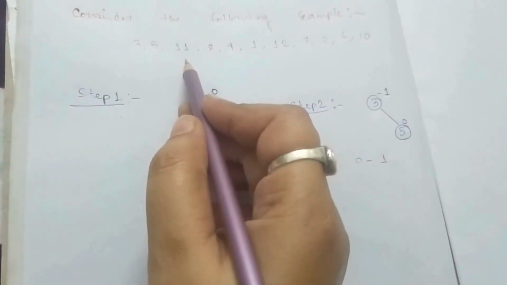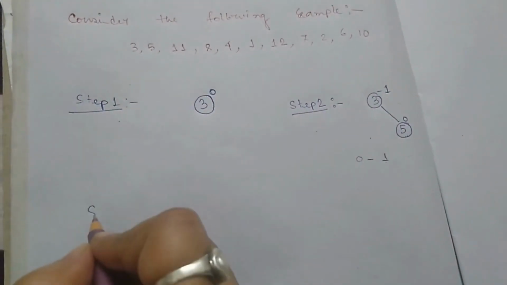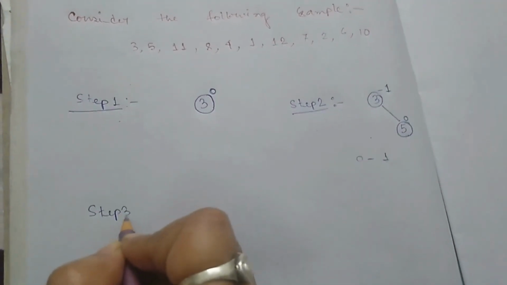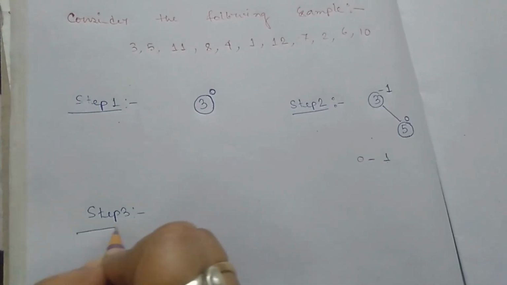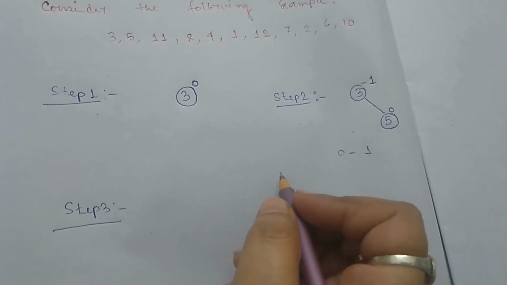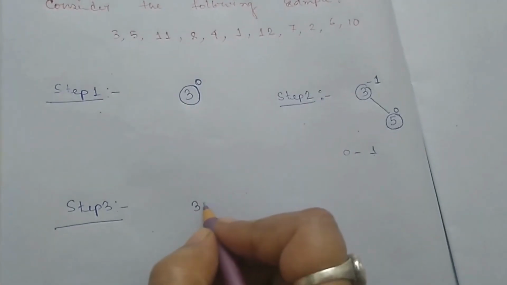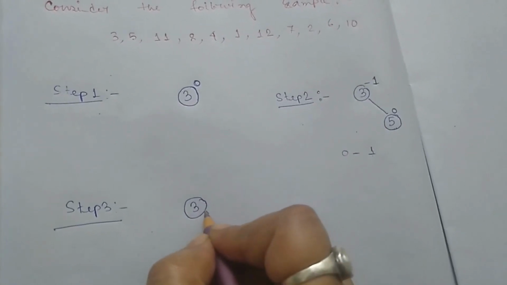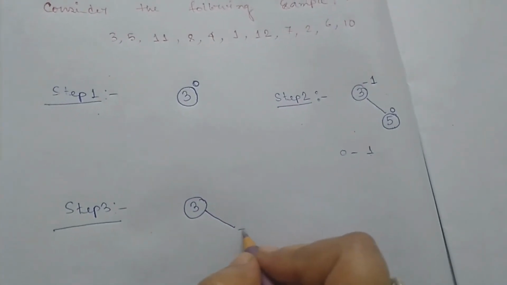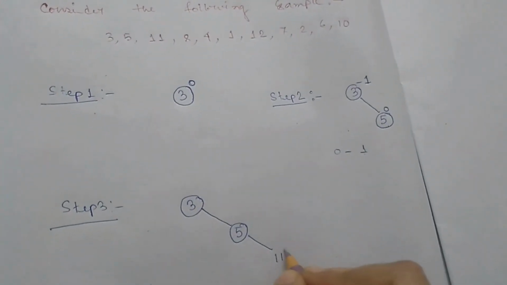Next node is 11. So step 3. Again 11 is higher than 3 as well as higher than 5. So again it is situated on the right side of this tree.